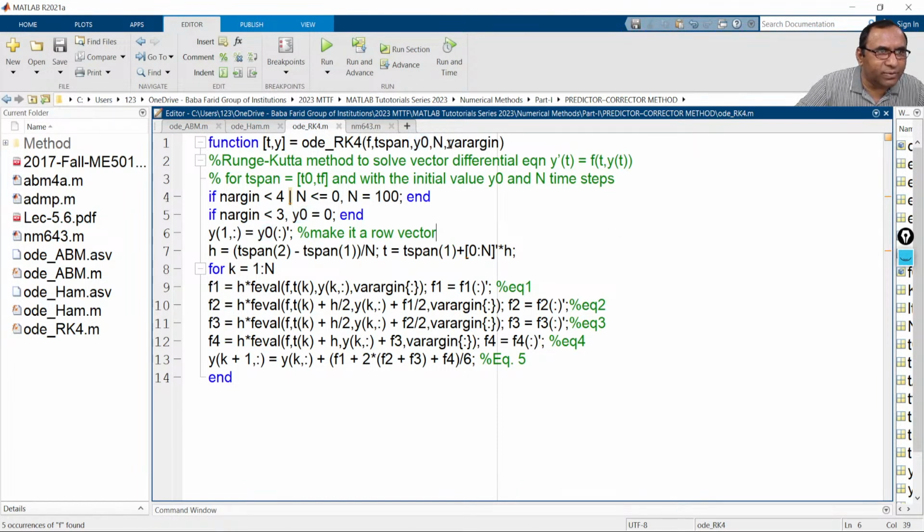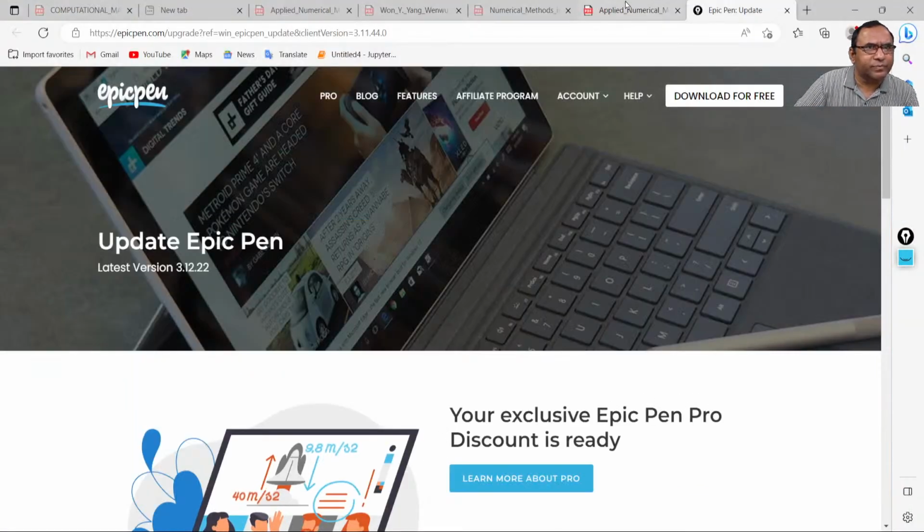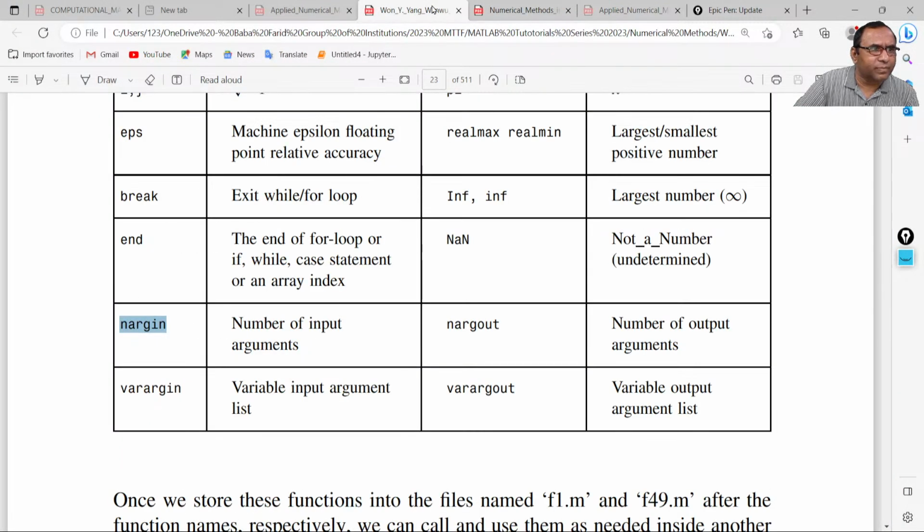Then we have varargin. What do you mean by varargin? I explained in the last session. One is nargin. Nargin means number of input arguments, and varargin means variable input arguments.